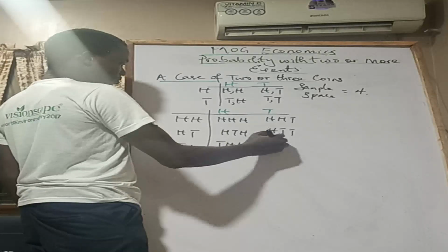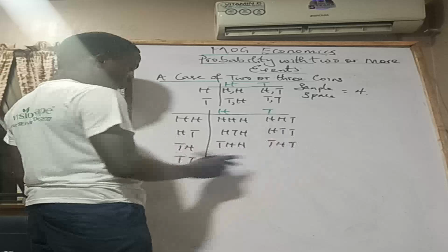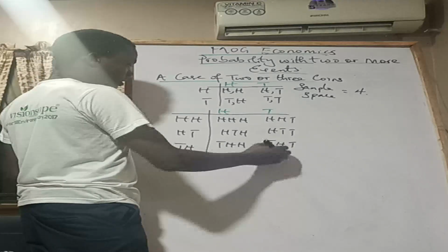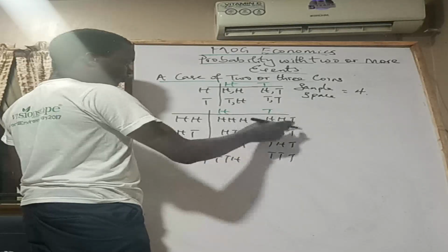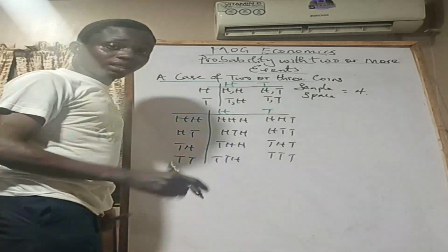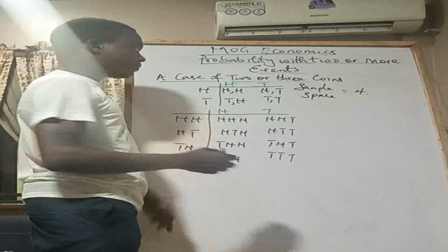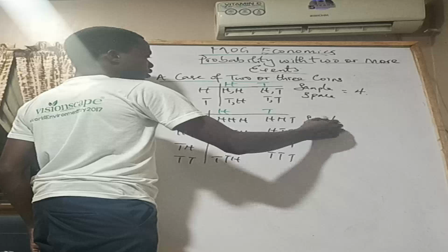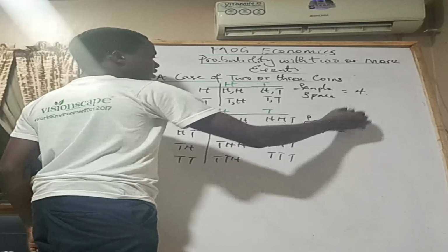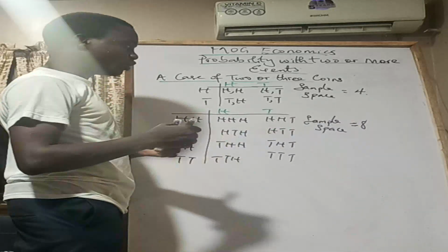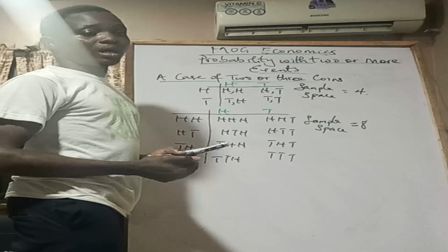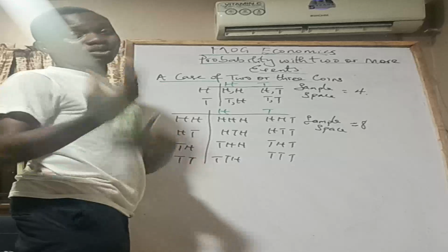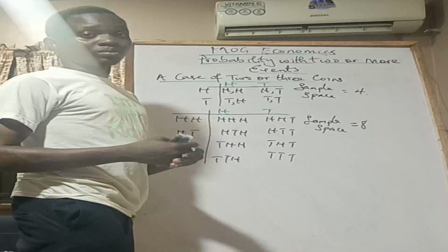Then a tail, a head, and a tail, then a tail, a tail, a tail. 1, 2, 3, 4, 5, 6, 7, 8. So it's not 6. You see the magic, right? So sample space equals 8. If I toss three coins simultaneously, there are 8 possibilities of the different outcomes that you may get.